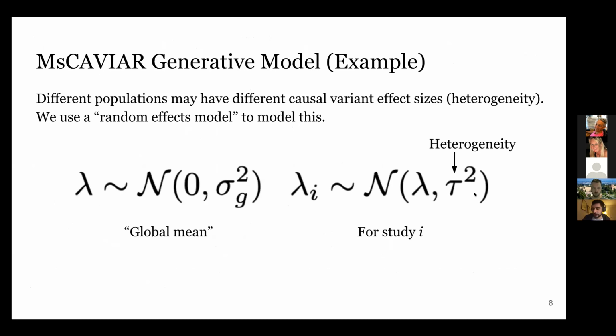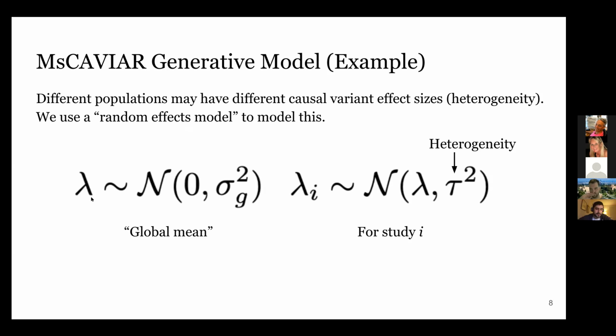And the MsCAVIAR extension to this extends this model to multiple studies. As I mentioned before, we do assume that the causal SNPs are the same across multiple studies, but we allow for different populations to have different causal effect sizes, called heterogeneity. And we use what's called a random effects model to model this.